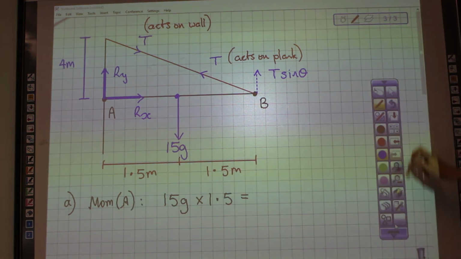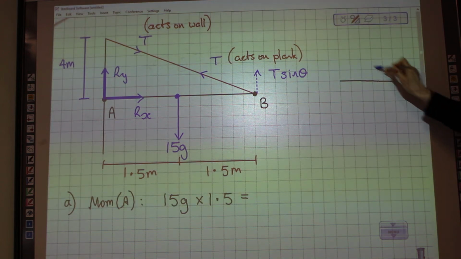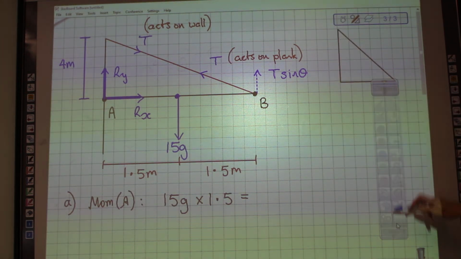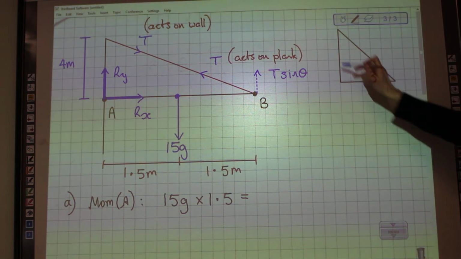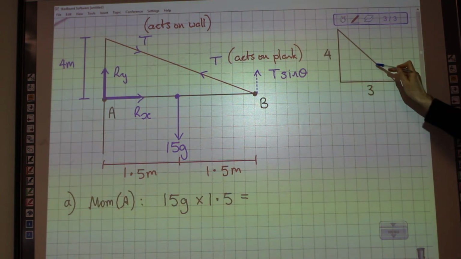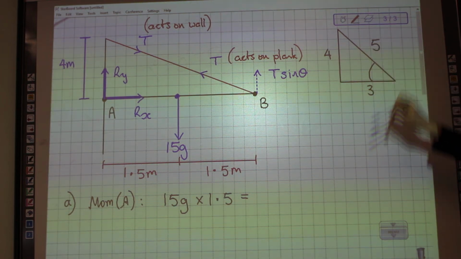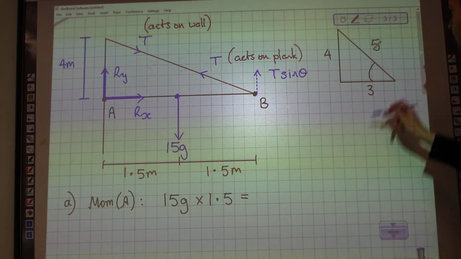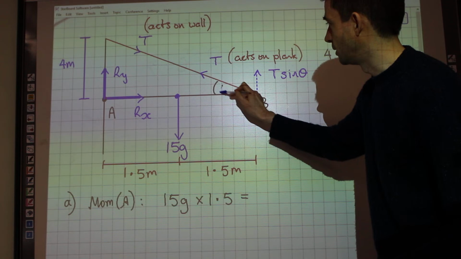So what I can do, and I'll draw this over here as a separate triangle, is if the length of the beam is 3 meters and the distance there is 4 meters, then I can calculate using Pythagoras that the length of the inextensible string must be 5.